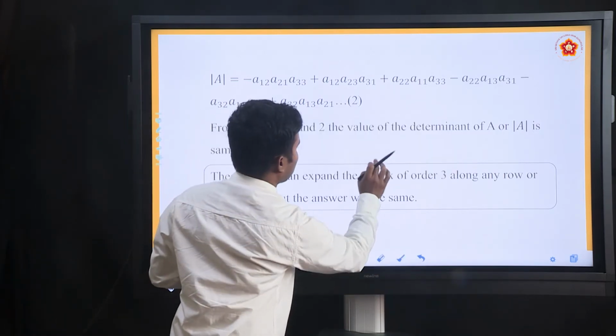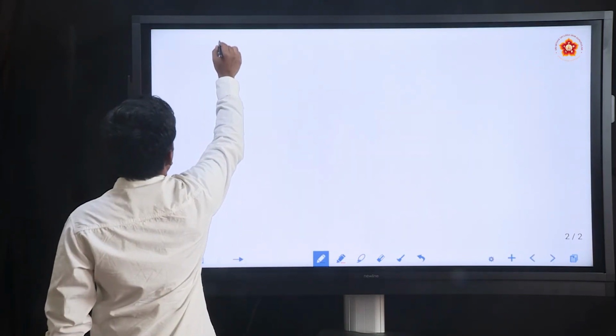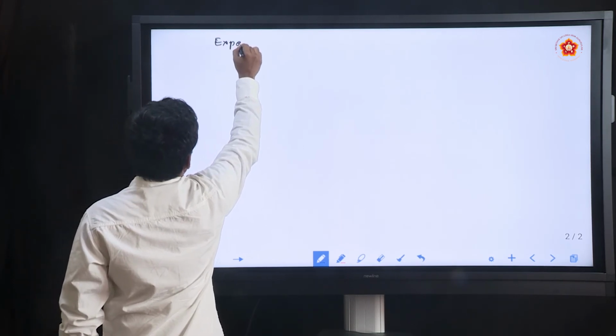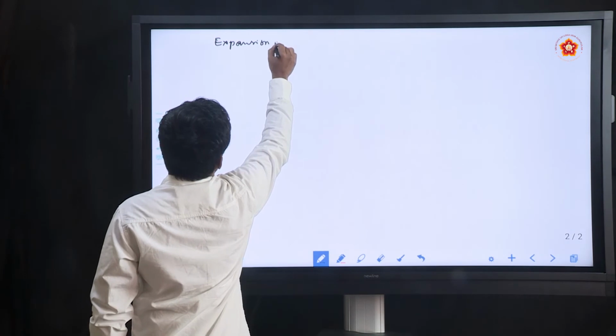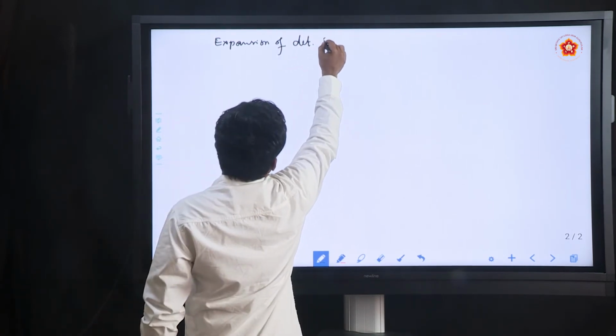I'll use a shortcut method to expand the determinant. See, expansion of a determinant of order 3 cross 3.